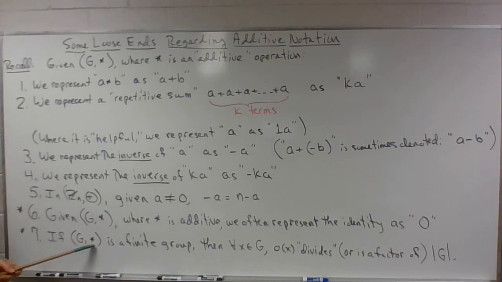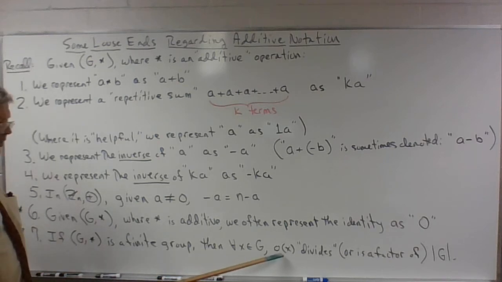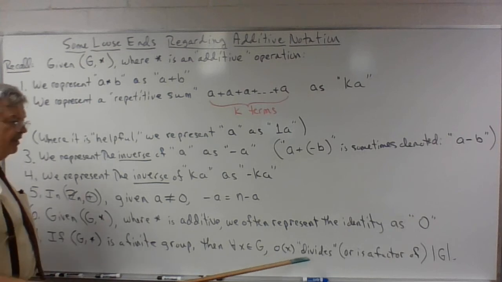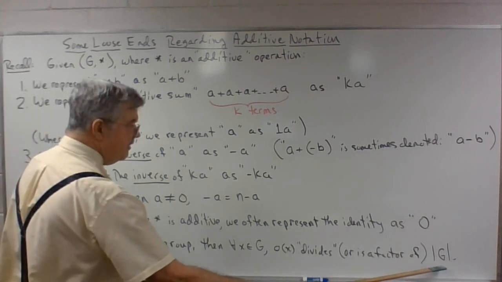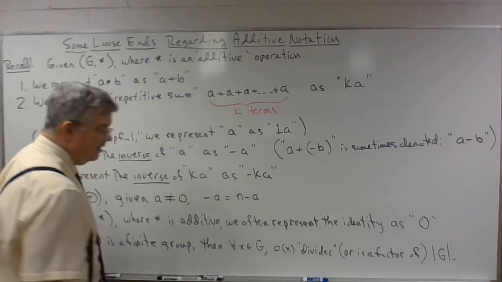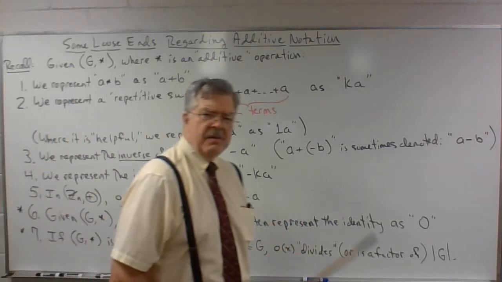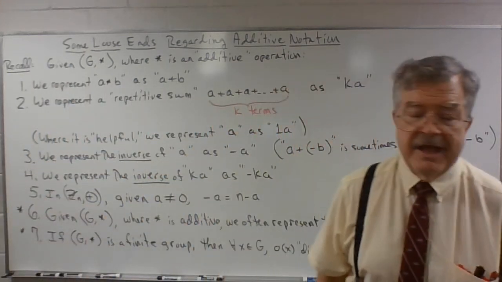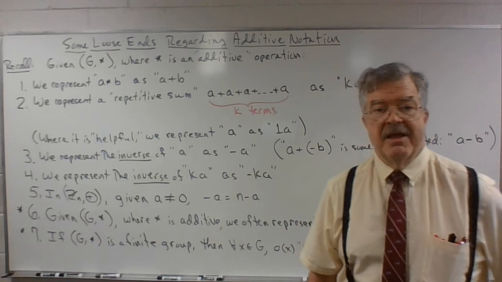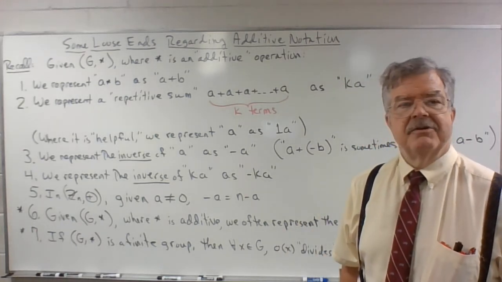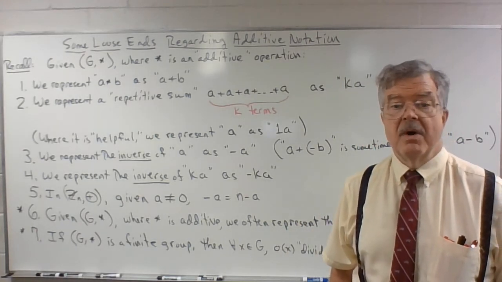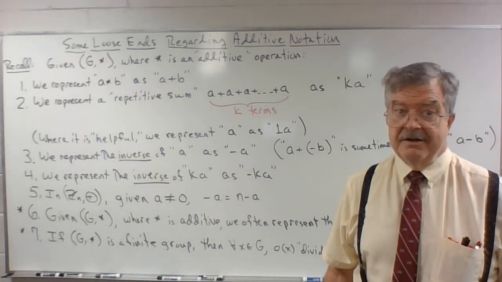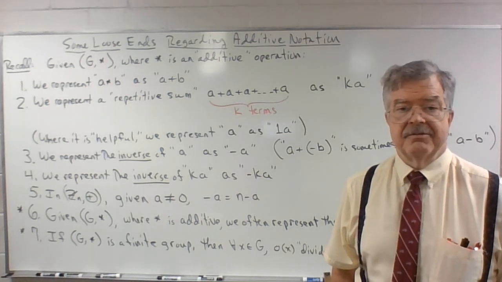And if G is a finite group, then for every element in G, the order of an element divides, or is a factor of, the order of the group. Remember last time we concluded with the example of Z6, the remainders modulo 6, and the operation was addition modulo 6.